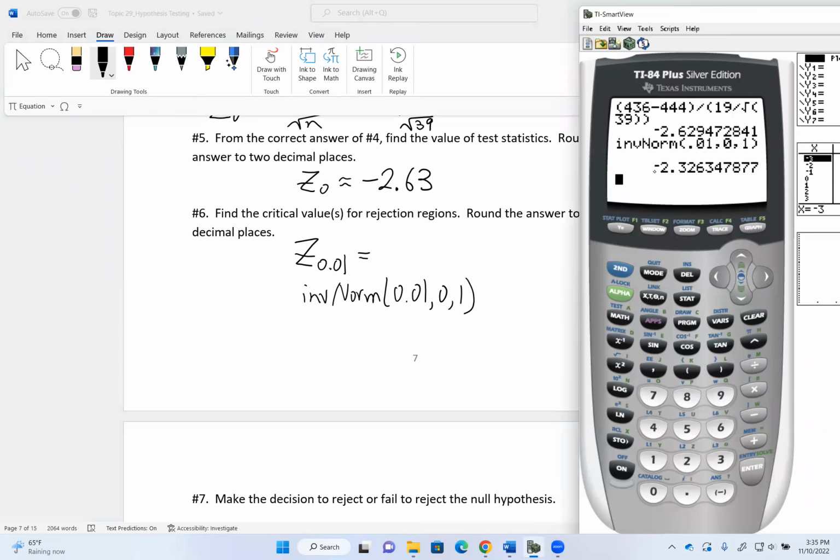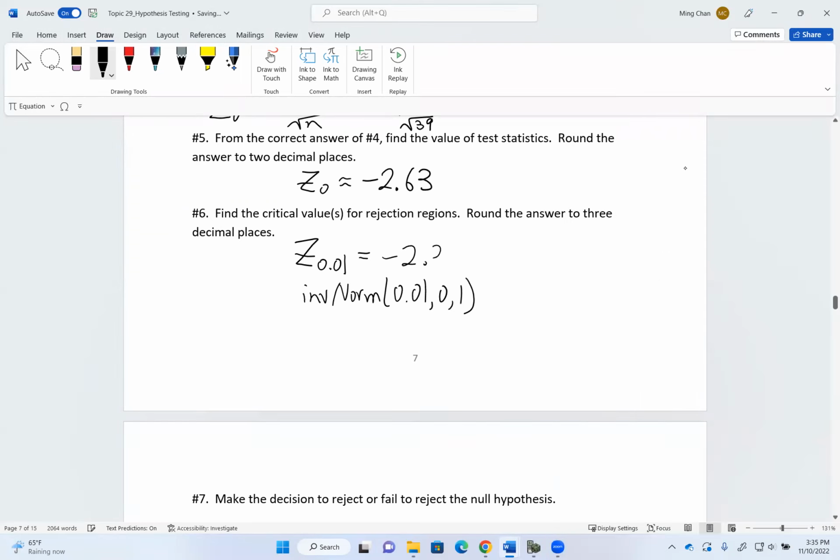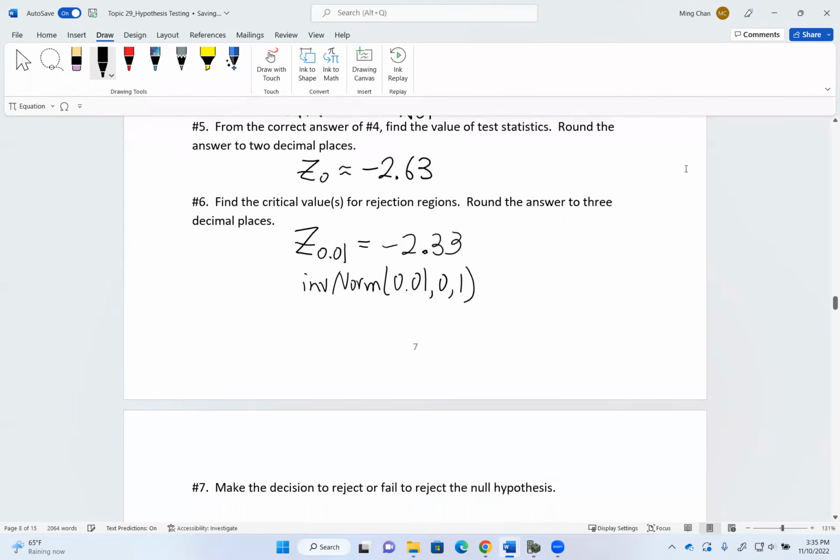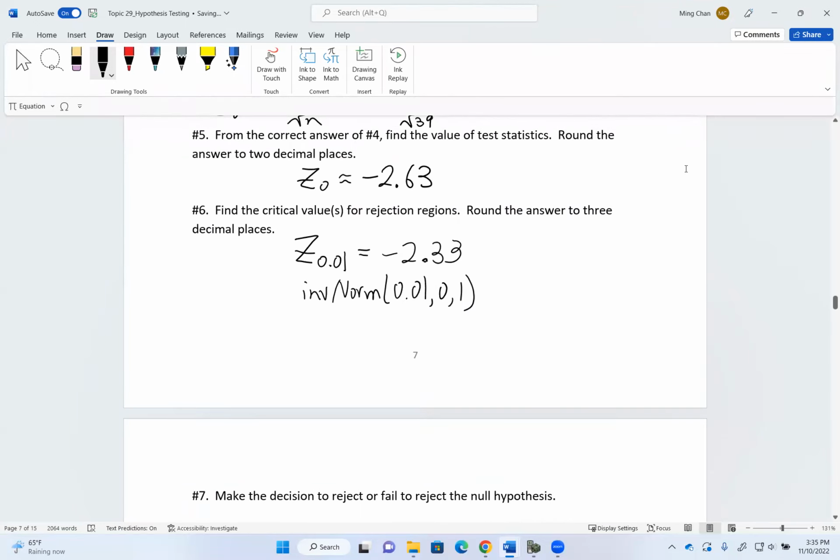That would be about negative 2.33. This number is what we call the critical value. This is negative 2.33, and my test statistic is negative 2.63.